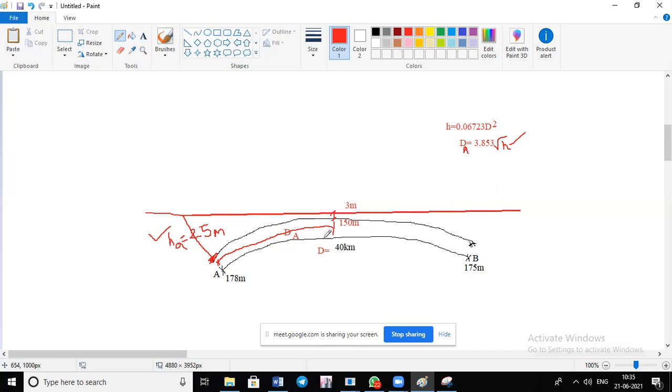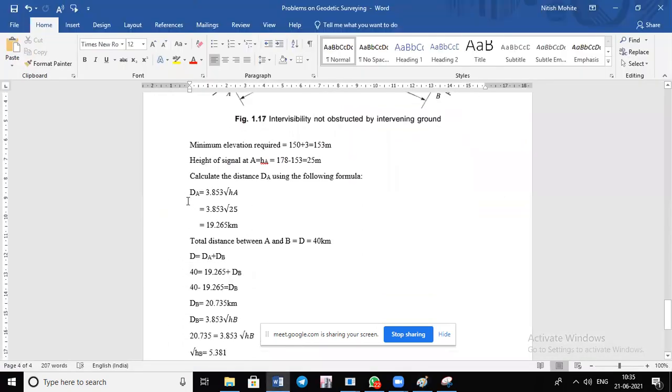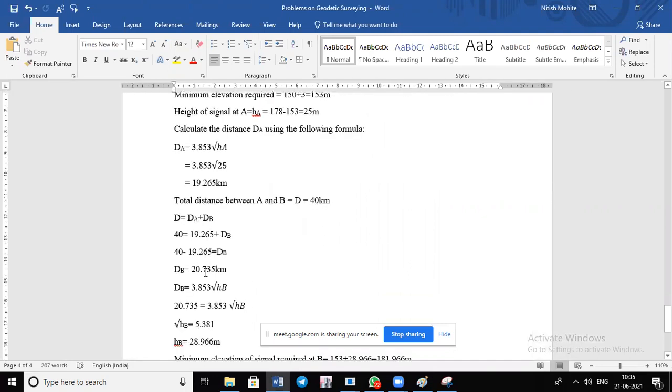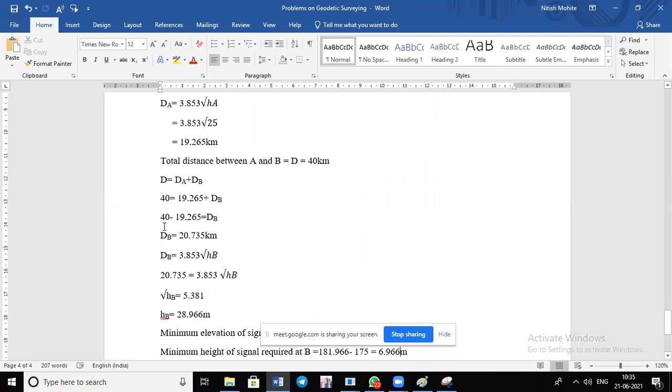From 40 kilometers I will deduct this value dA so that I get dB. First we calculated the distance dA, then from the total distance of 40 kilometers we deducted it. So we get the value of dB as 20.735 kilometers.